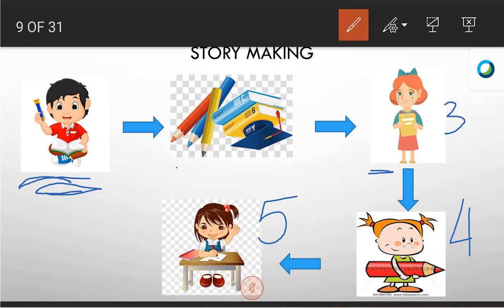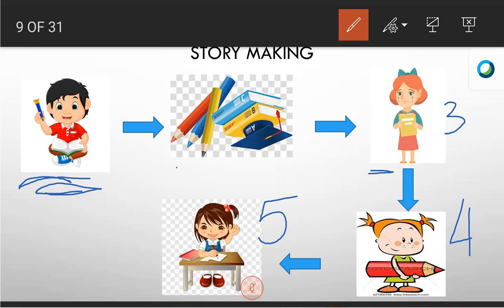I would like you to type in the chat box: how many pencils did the boy have after sharing his pencil? There were 3 pencils. If he shared a pencil, how many more pencils will he have?